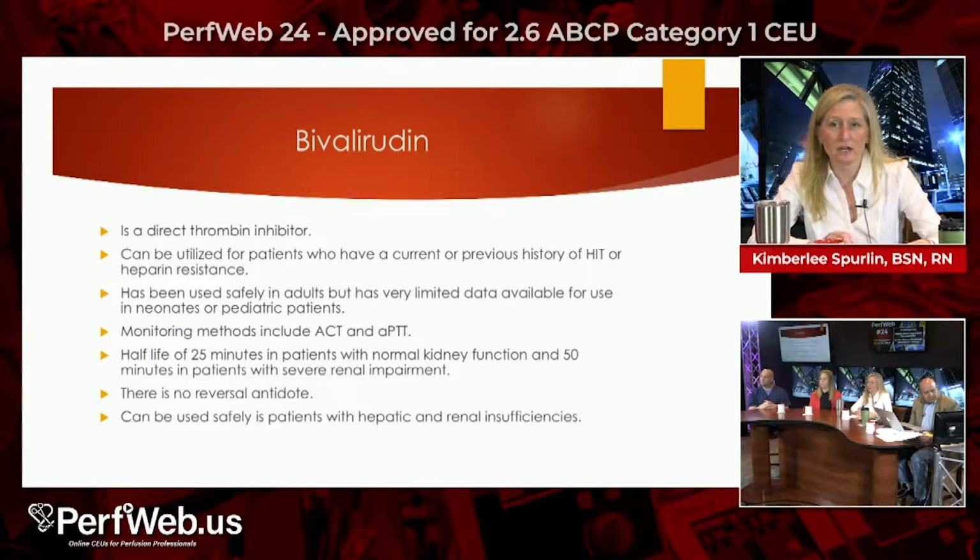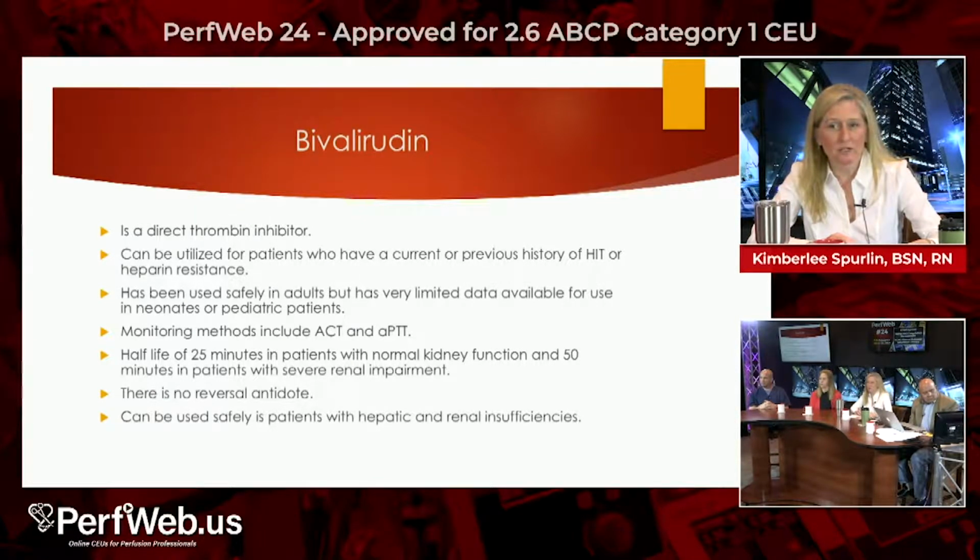Bivalirudin is a direct thrombin inhibitor. It can be used for patients who have current or previous history of HIT or heparin resistance. It has been used safely in adults, but I couldn't find any data at all for use in neonates and pediatric patients. I've always been an adult ICU nurse, so I cannot speak to that at all. Monitoring methods include ACT and PTT.